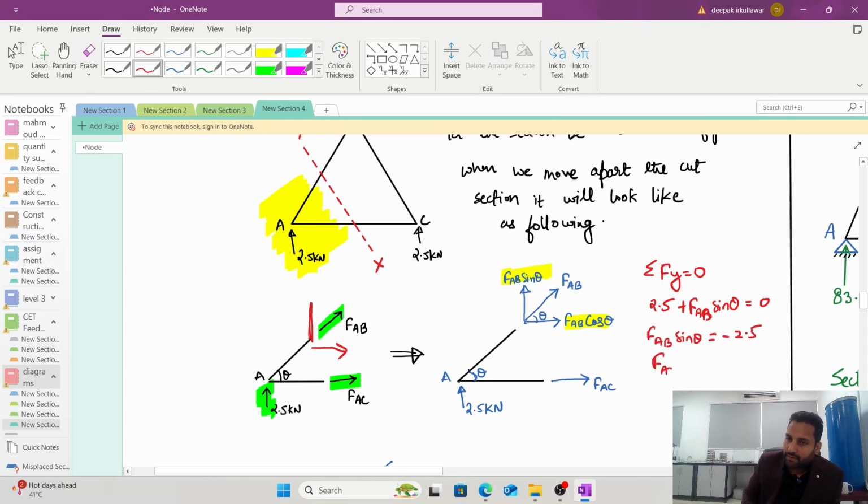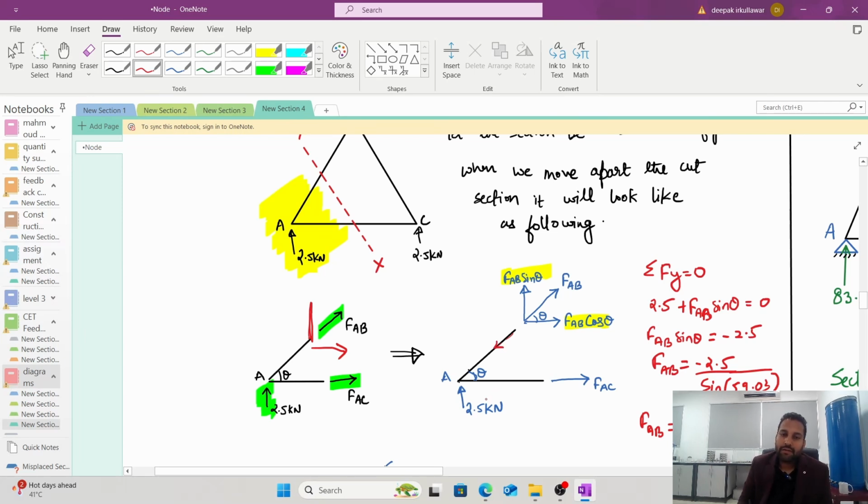So, FAB is negative 2.5 over sin 59.03. If you remember, it is the same question, only I am solving it by method of section. So, angle will not change, so I am not finding the angle again. You will get FAB as negative 2.915 kilonewton. So, you need to change the direction. The direction of FAB would be changed and it would come inward.